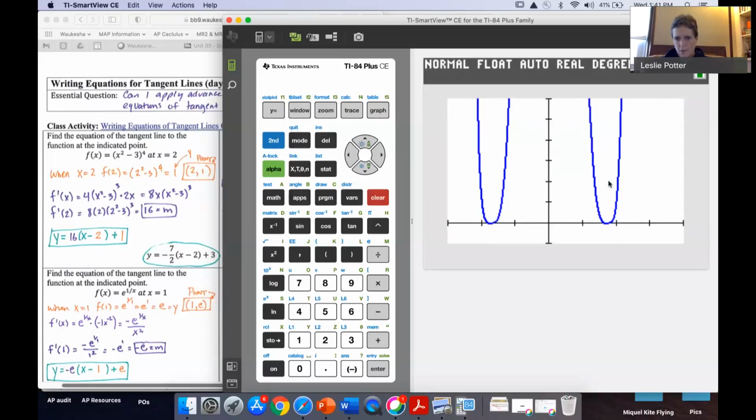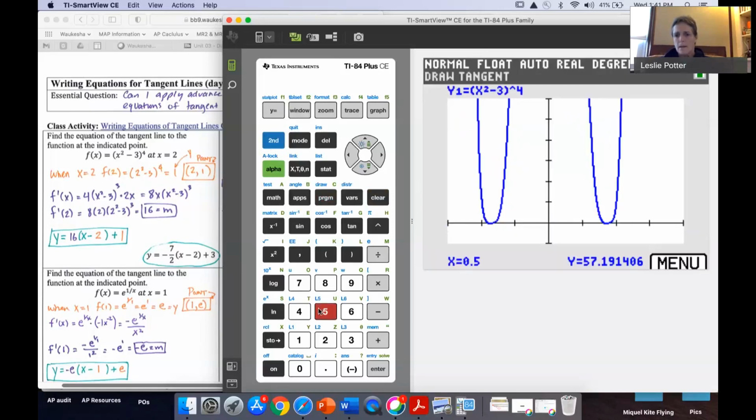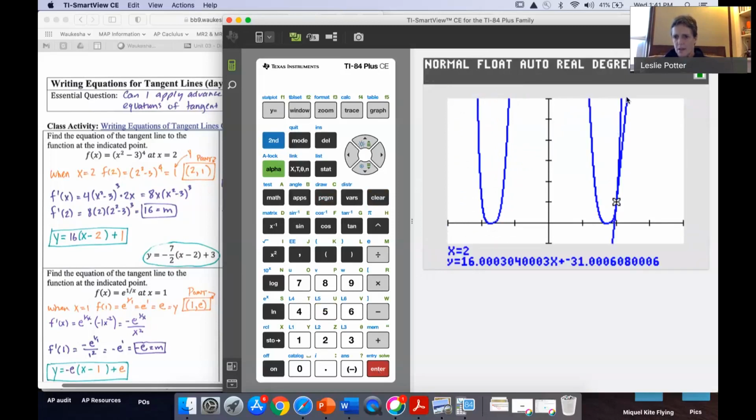So I have the graph on the screen, I go 2nd, draw, and then here's your tangent, option 5. Now I want to tell it the point of tangency, which is when x is equal to 2. So I'm just going to type in x equal to 2 and hit enter. And there it is, that tangent line right here.